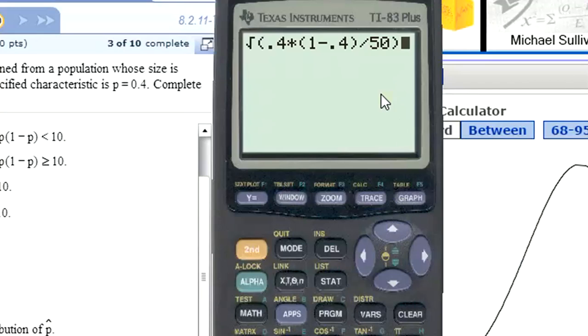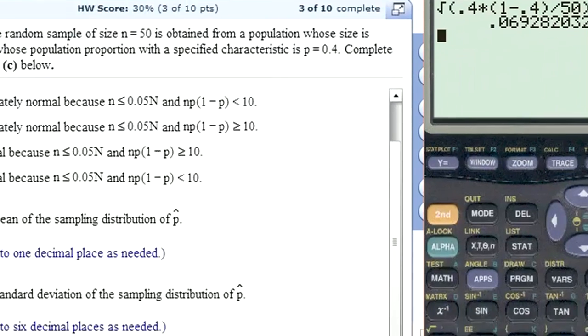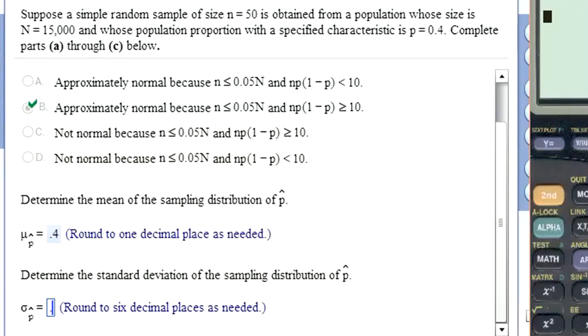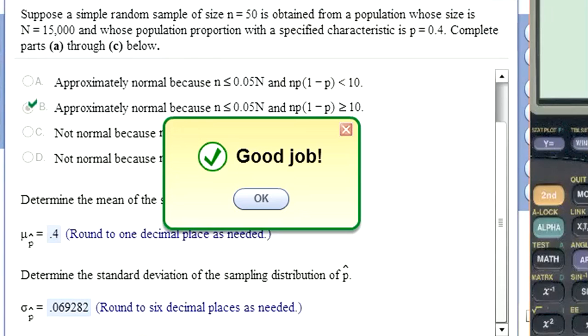So it's a square root of that whole thing. And that is the standard deviation of the sample proportion, 0.069282. We need 6 decimal places. So there you go, 6 decimal places.